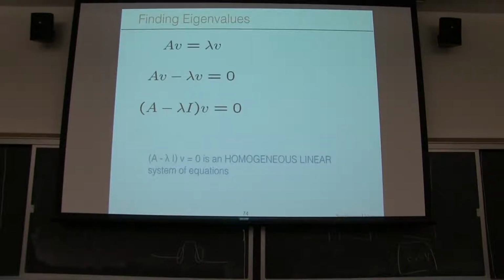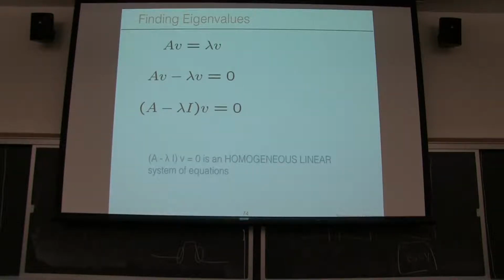Then I move this to the other side of the equation, so I get that. Then I factor out V on the right, but I have to be careful in dealing with vectors and matrices, right? I cannot leave lambda alone here because lambda is a scalar, and I cannot subtract a scalar from a matrix. MATLAB lets you do that, but really MATLAB is thinking something else, right? So I put the identity here.